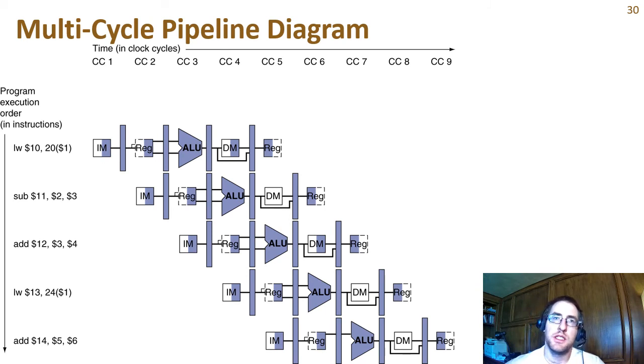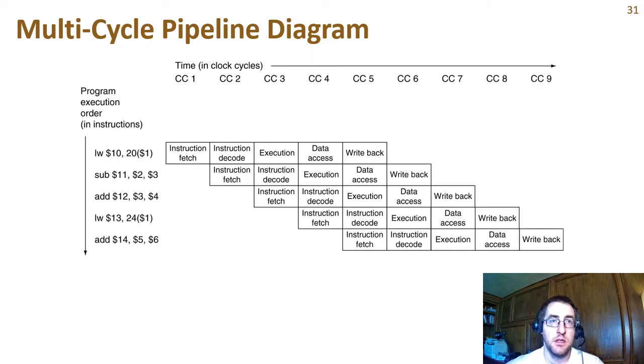So you can see the little snippet of code here is doing a load, a subtract, an add, a load, an add. The actual instructions don't really matter all that much. And we can see how the stages are sort of laid out in time. So instruction fetch, decode, execute, memory, and write back.